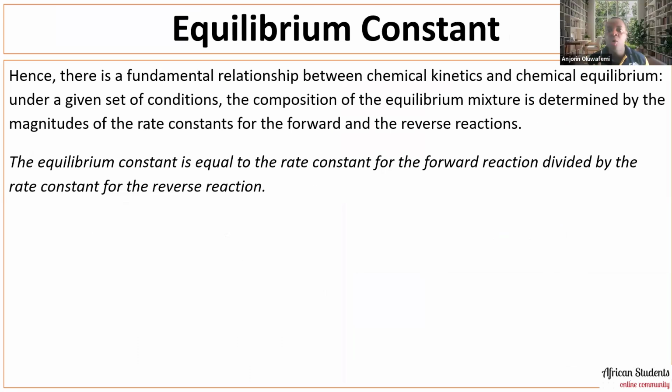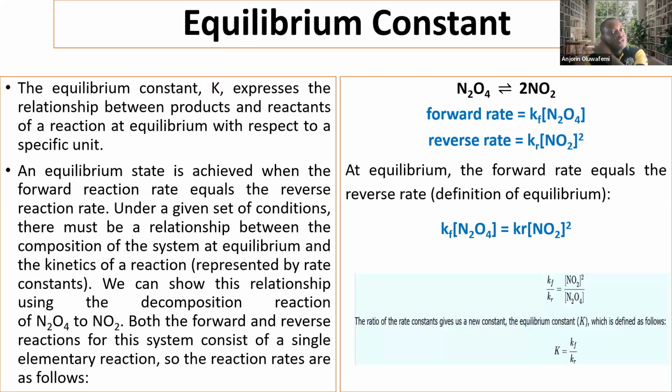The composition of the equilibrium mixture is determined by the magnitude of the rate constant for the forward and the reverse reaction. So the equilibrium constant is equal to the rate constant for the forward reaction divided by the rate constant for the reverse reaction. And that is what we use this formula to represent. Okay. All right.